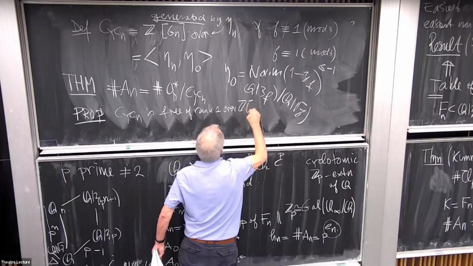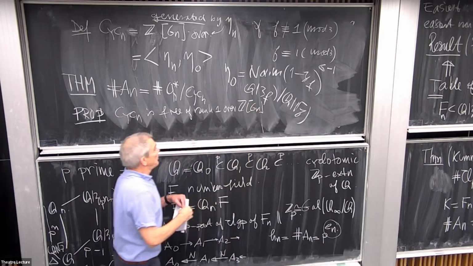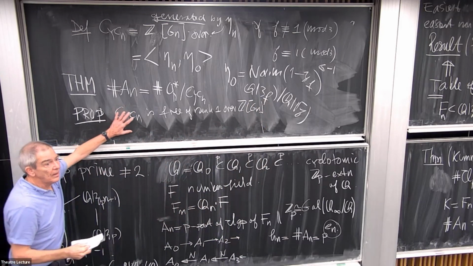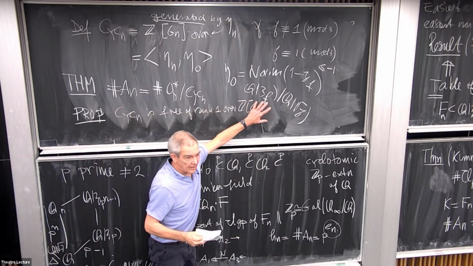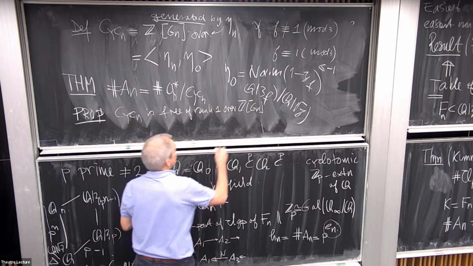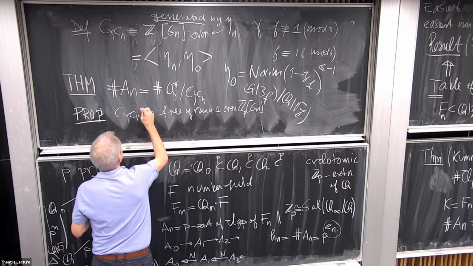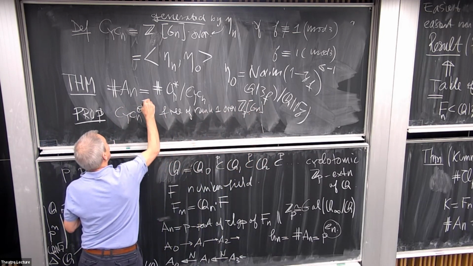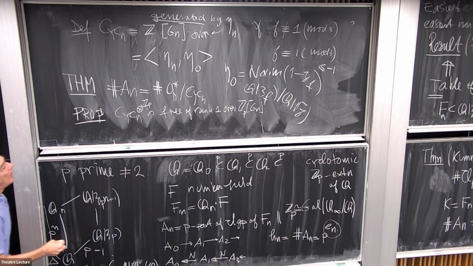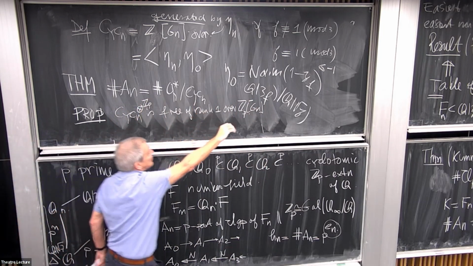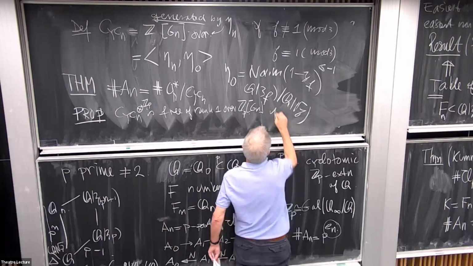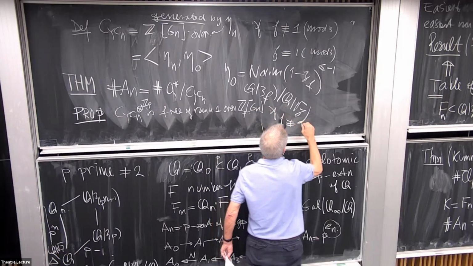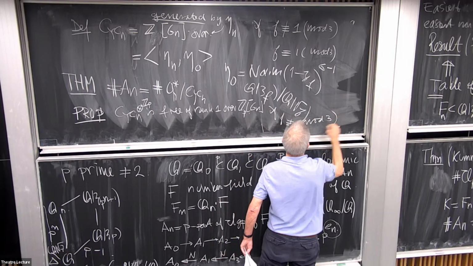And again, I may be sloppy here. Perhaps you have to tensor this with Z_p and take the ring Z_p[G], and maybe I should say that. So this is free of rank 1. And then in the split case, so this is the case if F is not congruent to 1 modulo 3.